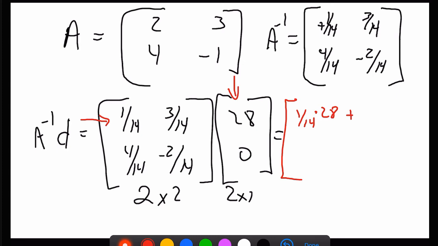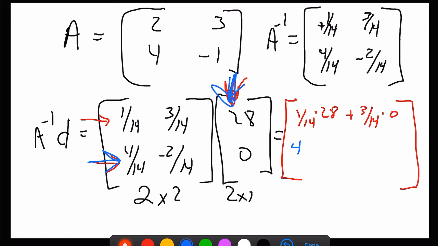plus 3/14 times 0. And then row times column, right? Row times column. I get 4 times 4/14 times 28 plus minus 2/14 times 0.